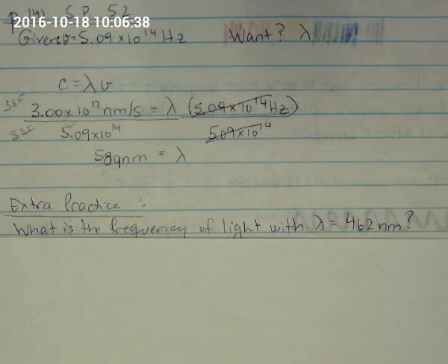Oh, you know why? This is 3 times 10 to the 17. You forgot to look all the way to the far end. Make sure you're not missing the extra.